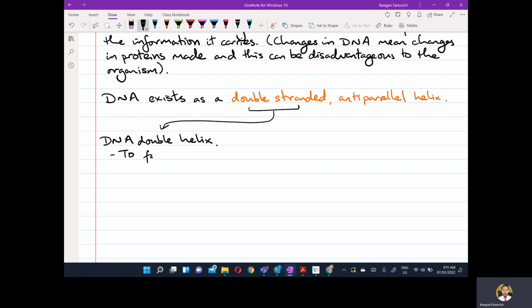So first up, to form a single strand of DNA, each nucleotide needs to bond to each other.